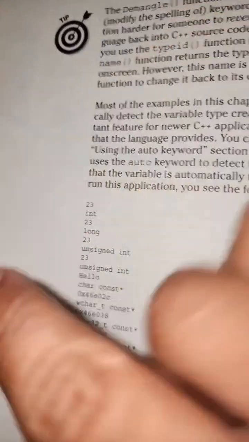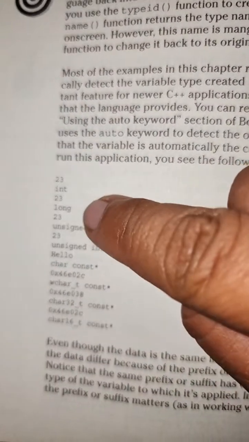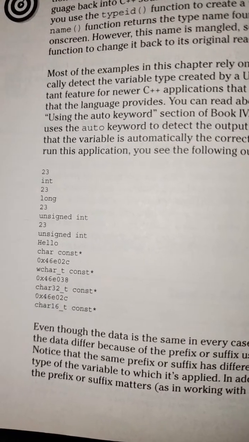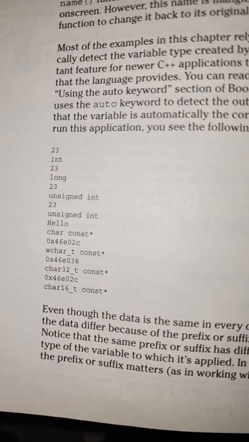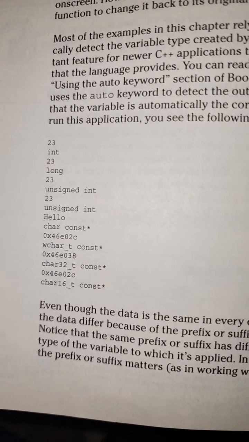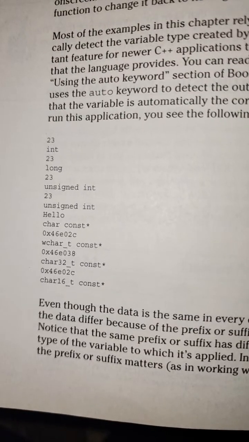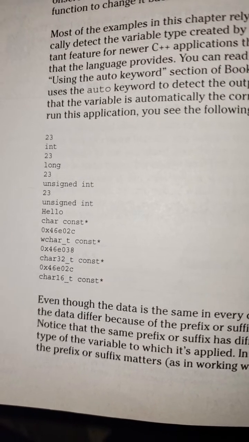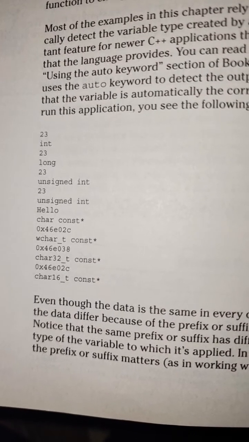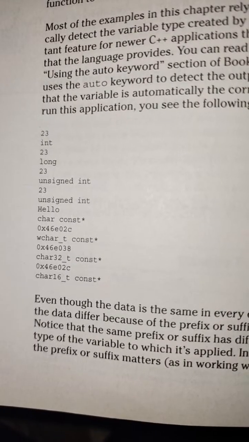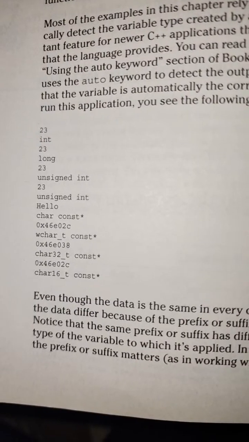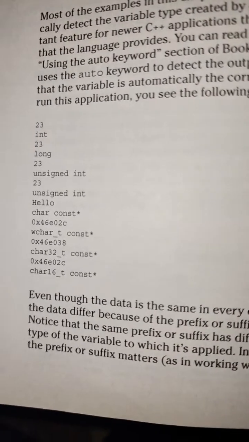Okay, so here's the output. 23 int, 23 long, 23 unsigned int, 23 unsigned int. Hello, char const star, 0x46e02c wchar_t const star, 0x46e038 char32_t const star, 0x46e02c char16_t const star.